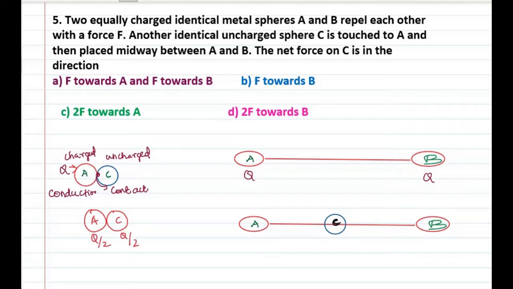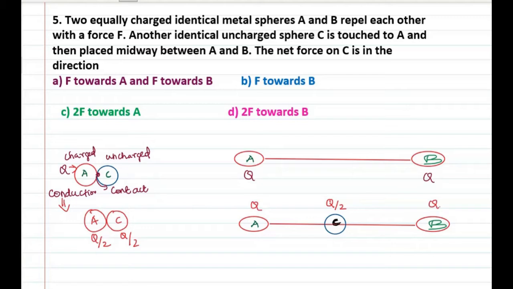For the conduction process, charge will be transferred equally from A to C. So now the charge of C will be Q by 2, and the charge of A will be Q by 2.